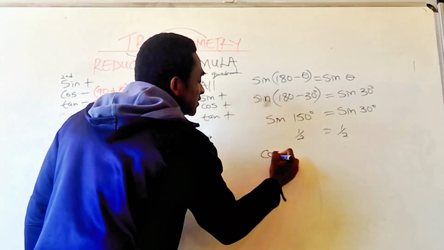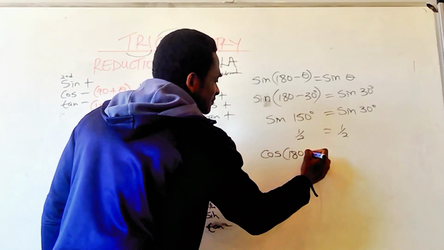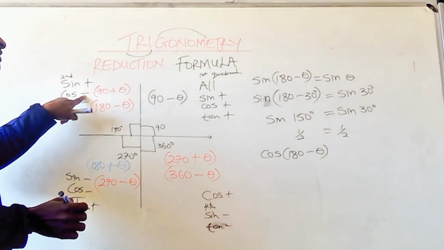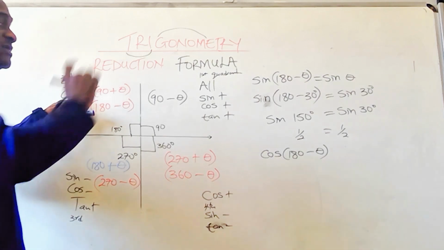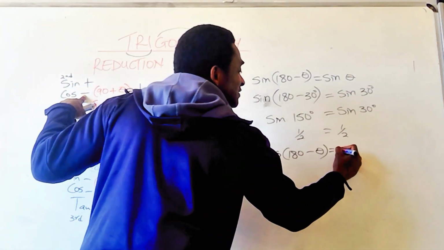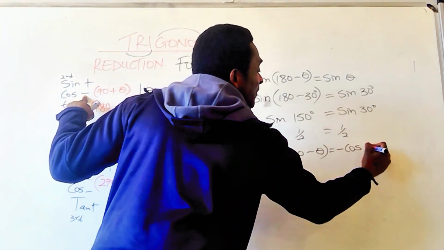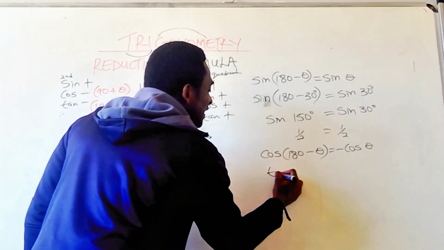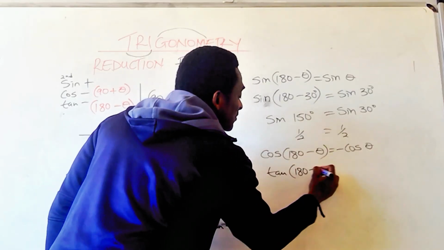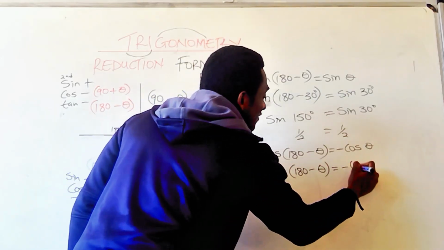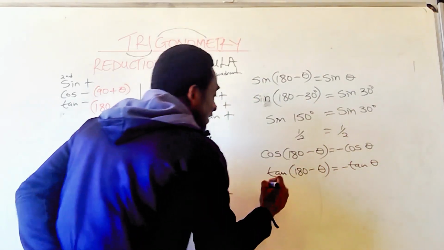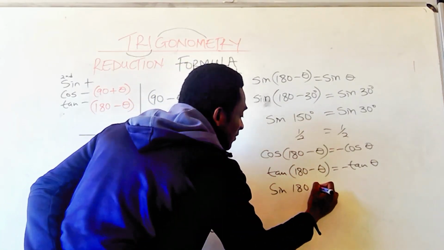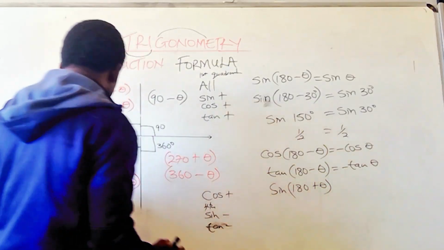Now we have cos of 180 minus theta. 180 minus theta is here, and cos is negative, so we must take that into consideration. It returns its value, it is not a cofunction, but it will have a negative. The same applies to tan of 180 minus theta, it will be negative tan theta. And then we go to sine of 180 plus theta, which will be on the third quadrant.